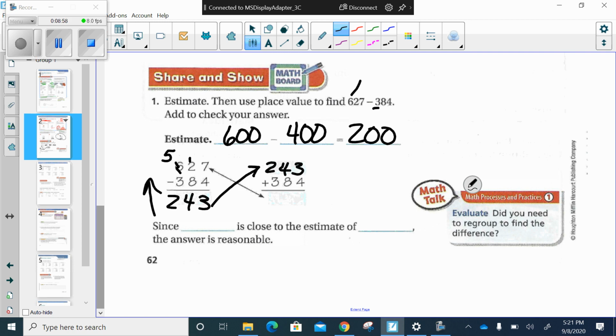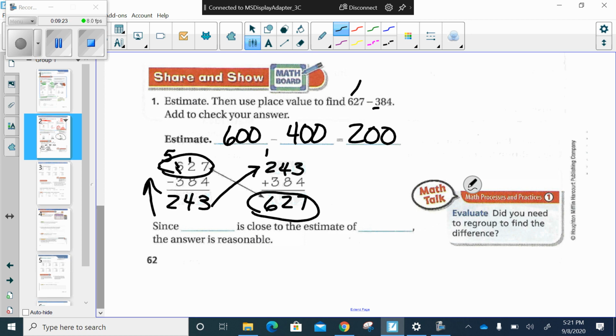So 3 plus 4 is 7. 4 plus 8 is 12. 2 plus 3 is 5, plus 1 is 6. Did we have the same beginning number? Yes! Is my answer to this one the same as the beginning number? Yes. So your answer of 243 for your difference is correct.